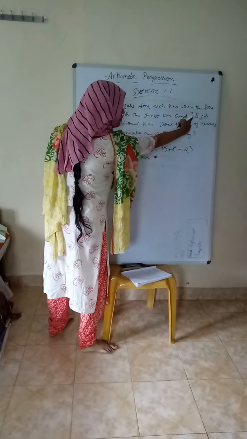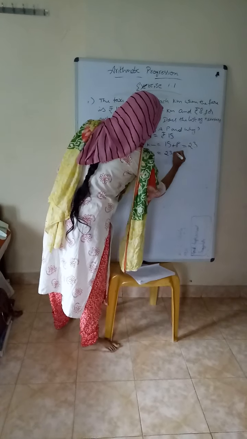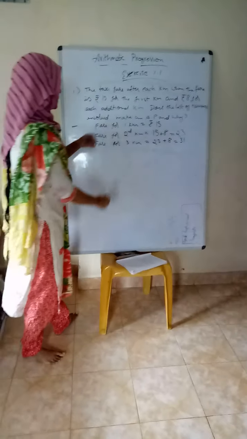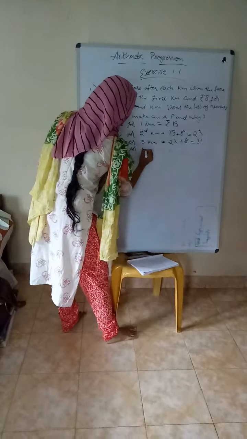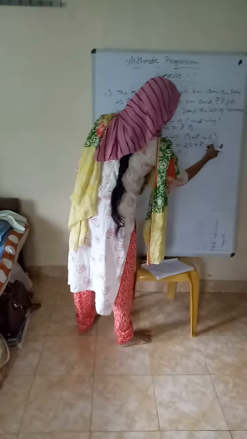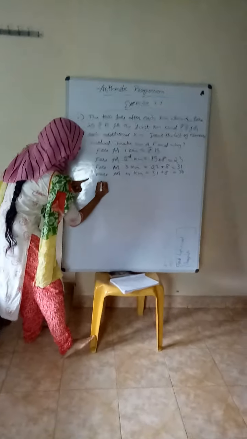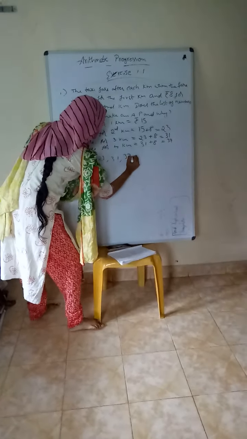They have said it goes on increasing by 8. So 23 plus 8 gives 31. Again, fare for the next kilometer: 31 plus 8 is 39. So what you got is the list 15, 23, 31, 39, etc.